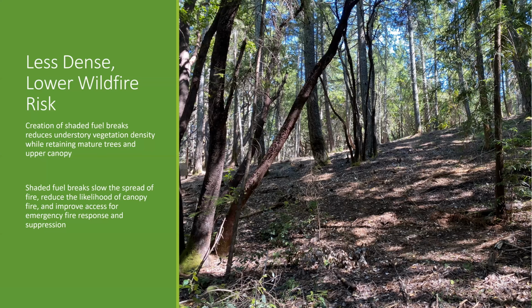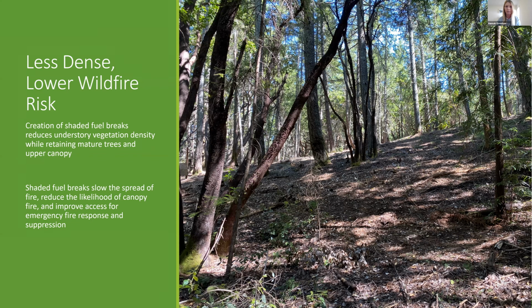Another benefit of doing understory vegetation thinning is that it provides benefits from a community safety or fuel reduction standpoint. So you're likely familiar with the concept of shaded fuel breaks, like the work that occurred at Kings Mountain Road in Huddart Park. The goal is that by reducing understory vegetation density while retaining mature trees in the upper canopy, the conditions are more conducive for wildfire risk reduction.